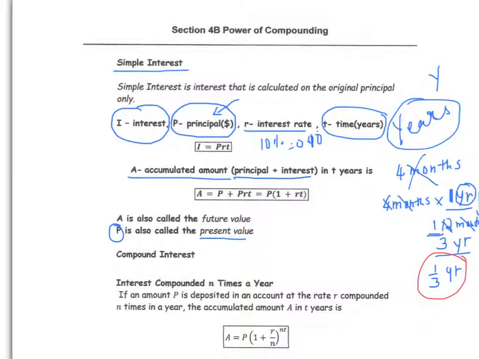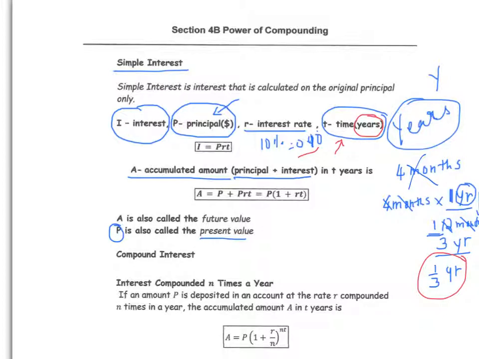R for interest rate, you could write it as a decimal. T for time that the money stays in the account, and that is always given in years. If it's in any other form, we need to remember to change it to years.